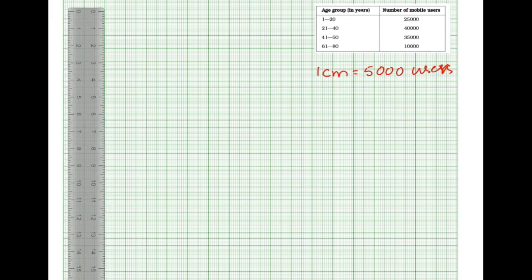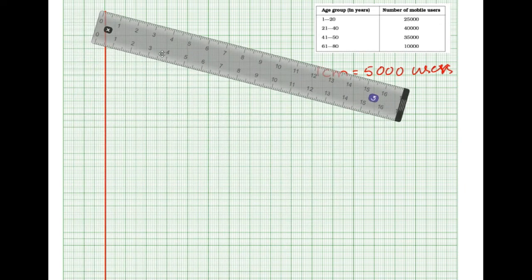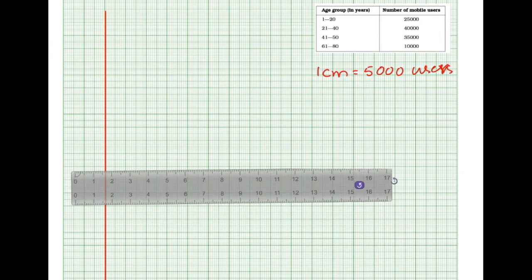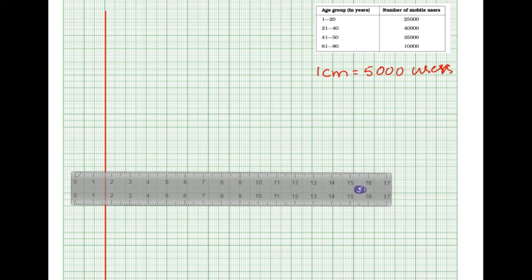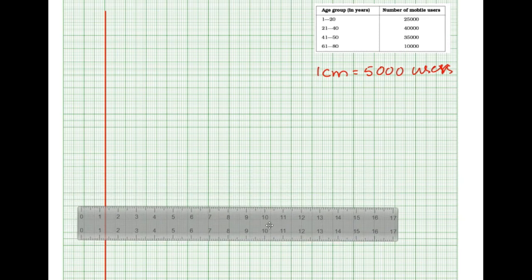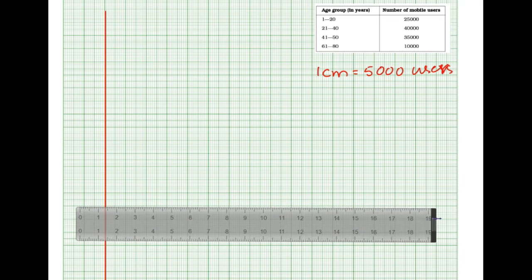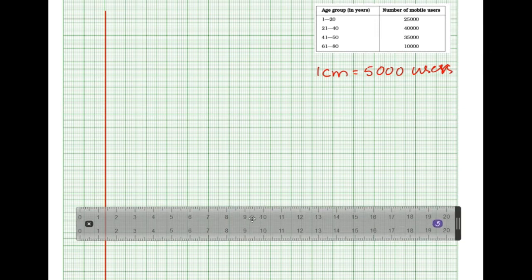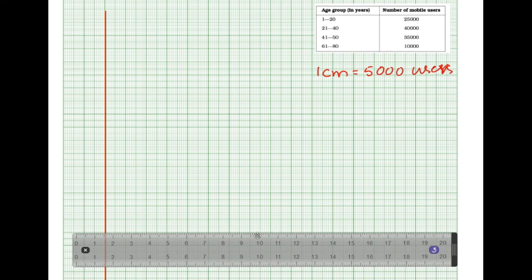So let me draw vertical line now. Now I'll take up horizontal line. The horizontal line somewhere here. This is the horizontal line.